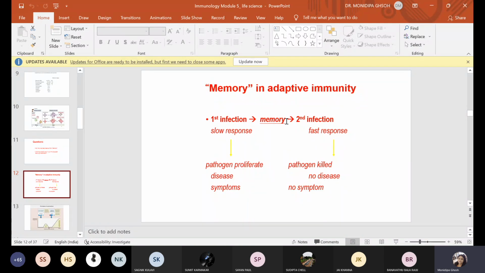And the second infection, in case of natural infection as well as the vaccine booster dose, why are booster doses given? The reason for vaccination is to incubate the whole pathogen or a component of the pathogen, and the optimization and sensitization of the pathogen or its characteristic molecule to the cellular system.